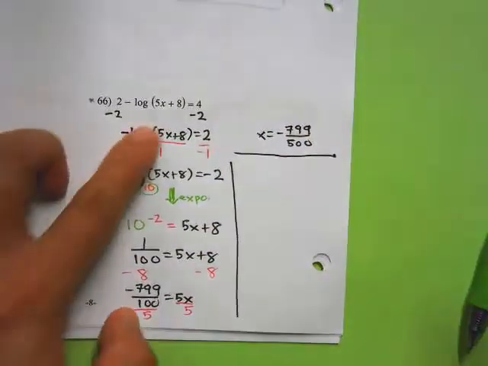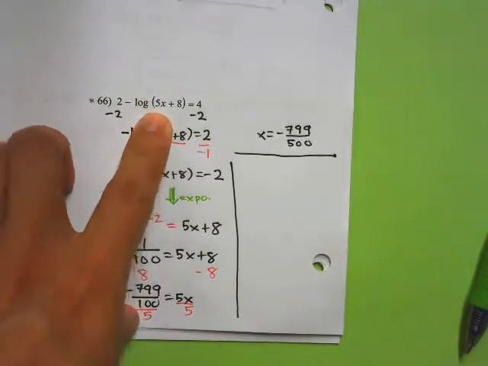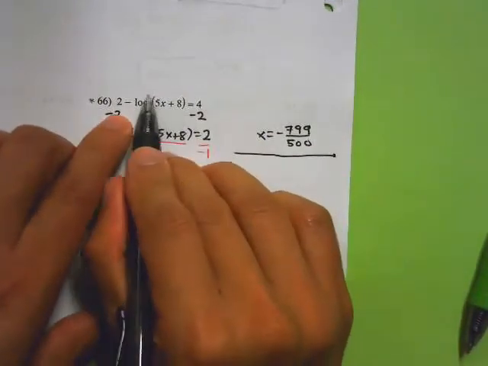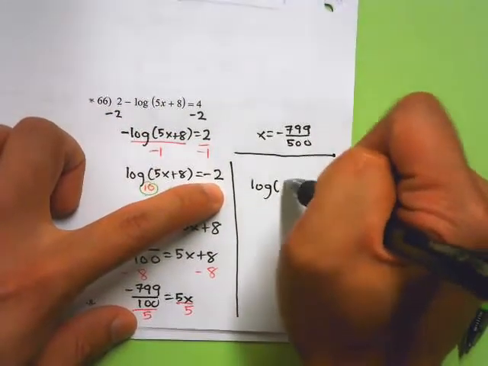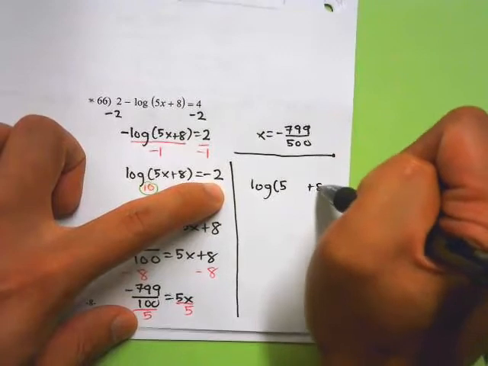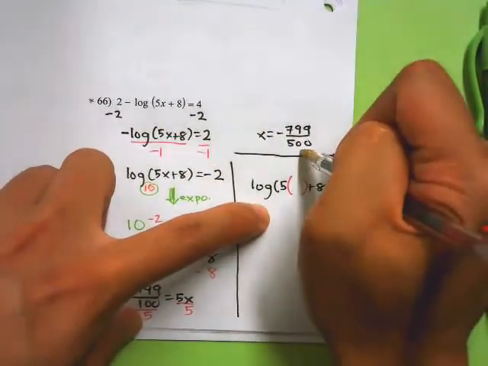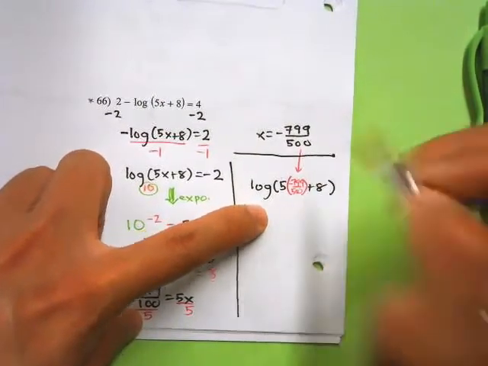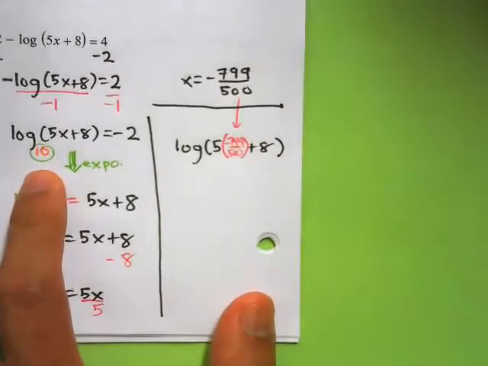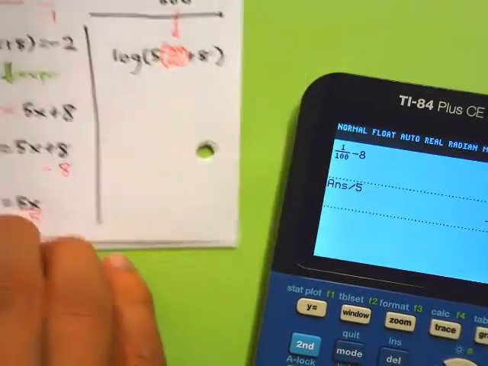I do just want to check to make sure that we do not have a negative in there. So what I'm going to do is just use this portion over here, and just make sure that with negative 799 over 500, whatever's inside of the log is not a negative, because if this makes it a negative or a 0, we can't use this answer.